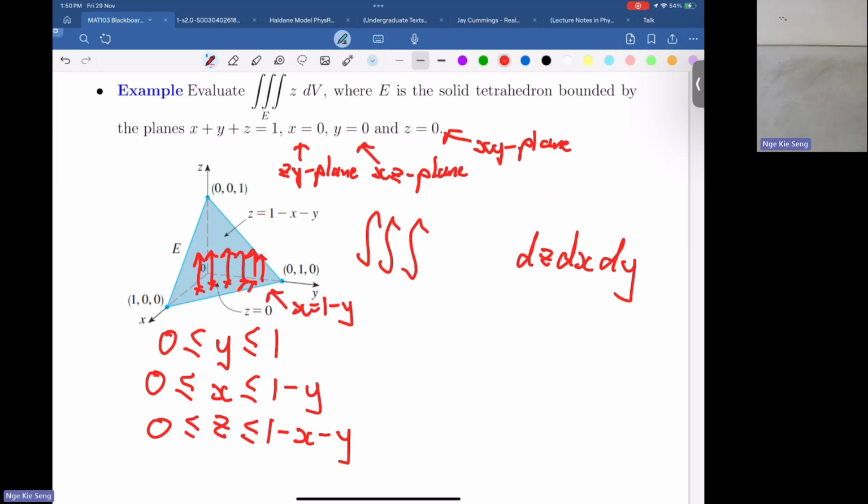How far can you go? You cannot go beyond the slanted plane. That's the most you can go. But what's the minimum you can go? It is bounded below by z equals 0. Okay, does it make sense?